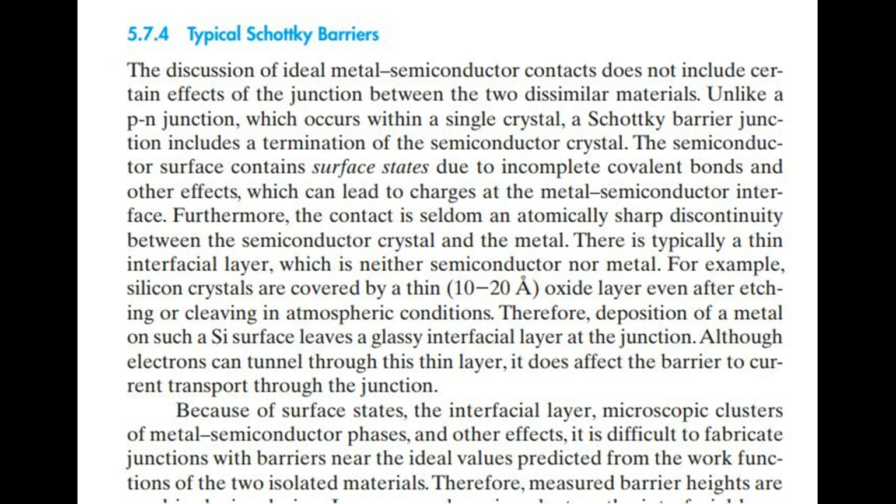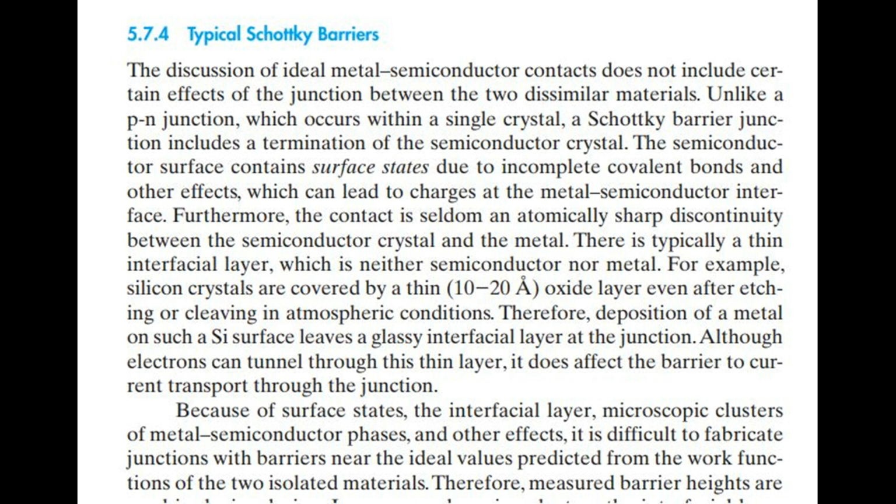For example, silicon crystals are covered by a thin, 10 to 20 angstroms, oxide layer even after etching or cleaving in atmospheric conditions. Therefore, deposition of a metal on such a silicon surface leaves a glassy interfacial layer at the junction. Although electrons can tunnel through this thin layer, it does affect the barrier to current transport through the junction.